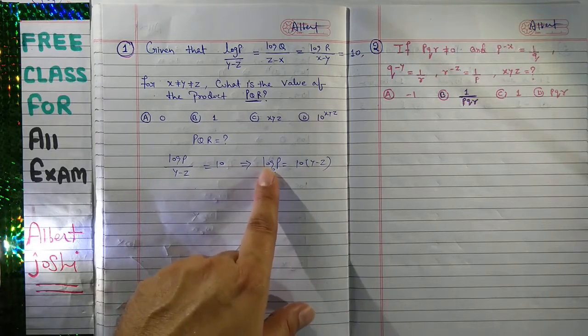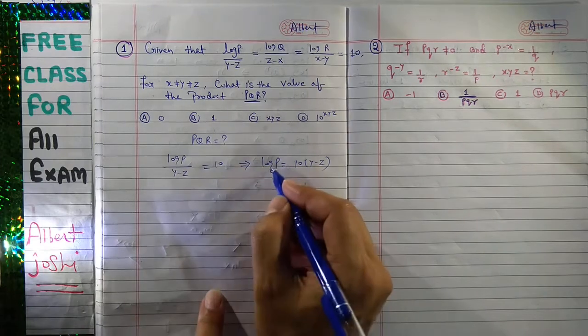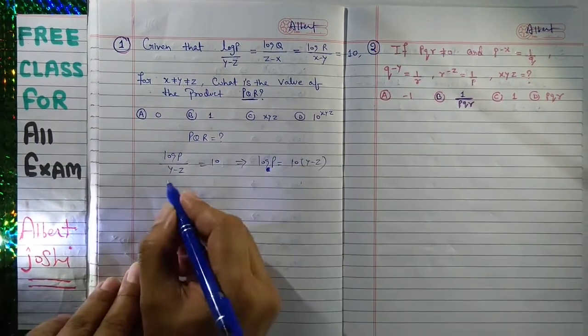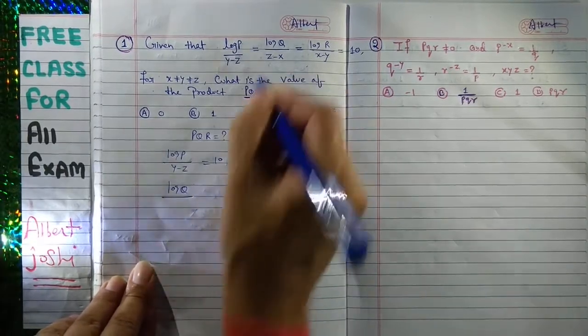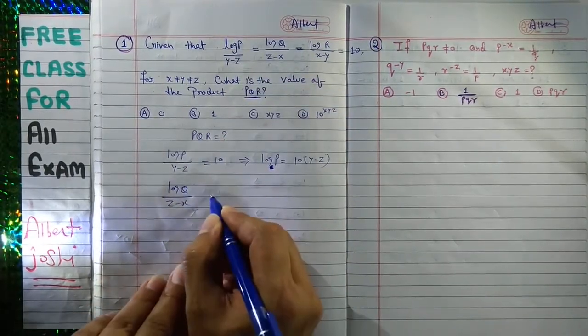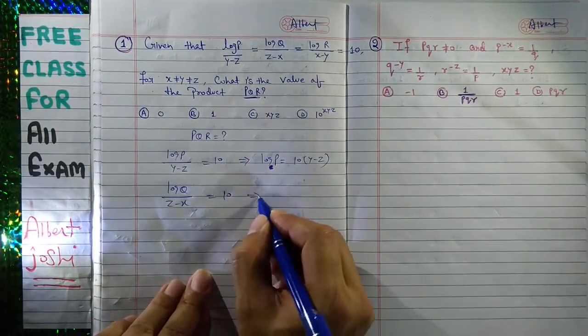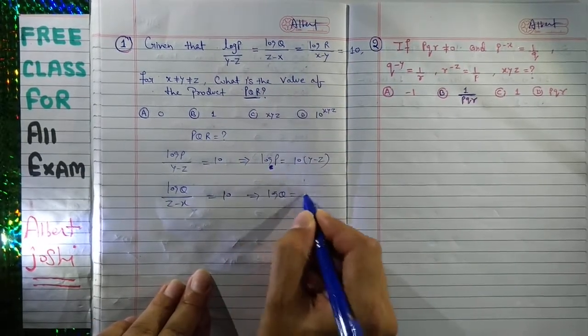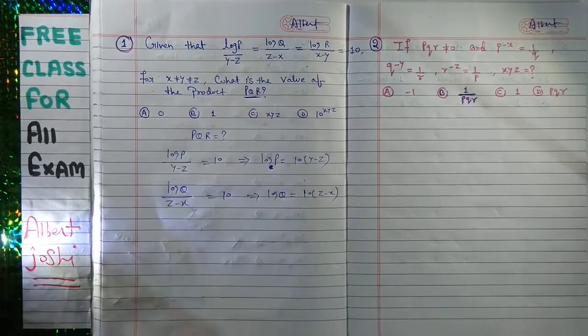So here we have log p is equal to 10 into y minus z. Similarly, log q upon z minus x is equal to 10. It means that log q is equal to 10 into z minus x.